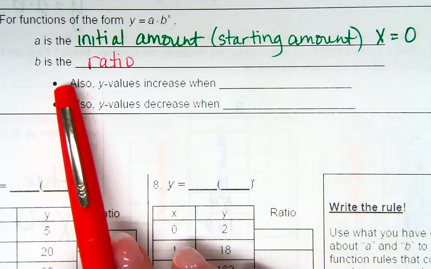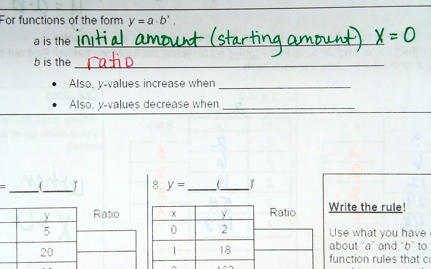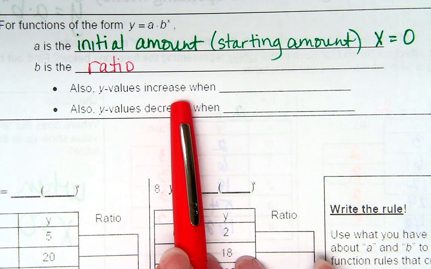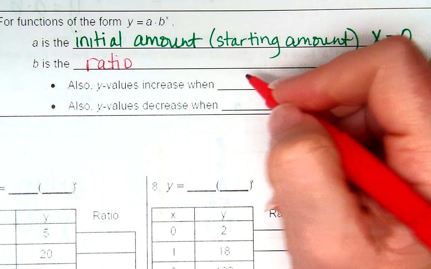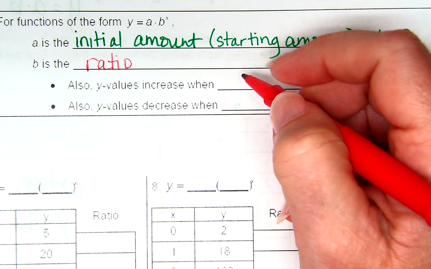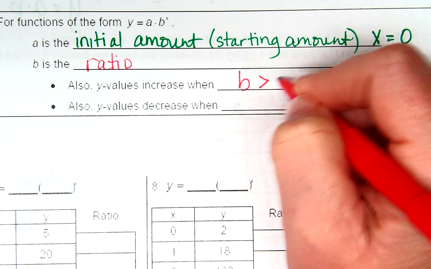But underneath b, talking about b, turn back to your tables real quick. When is the y value increasing? What's true about the b value when our y values are increasing? It's a whole number. What do you mean by that? Like it's more than 1. Oh yeah, that's perfect. When b is greater than 1.